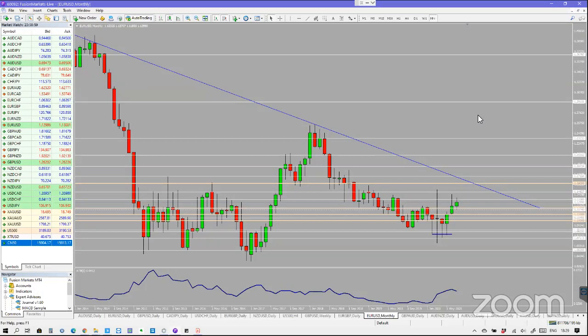So what you have to do sometimes with these reserve currency pairs, like cable and euro US dollar, is look at a more long-term structural view, because that's what the fund managers are looking at.